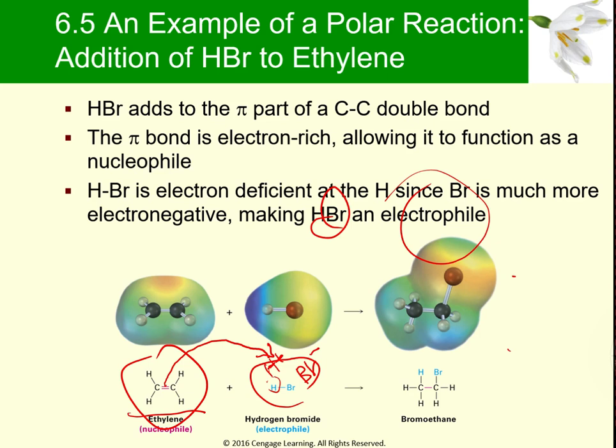And then once you form the first intermediate, the next step will include Br minus, right? And form to produce this as the final product. Let's try to complete. I just explained the reaction between the nucleophile and the electrophilic species H plus. Okay, that's the first part of the reaction.